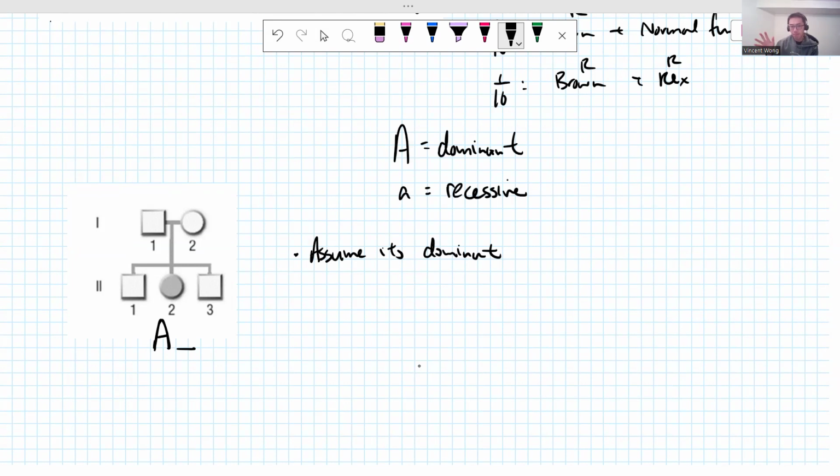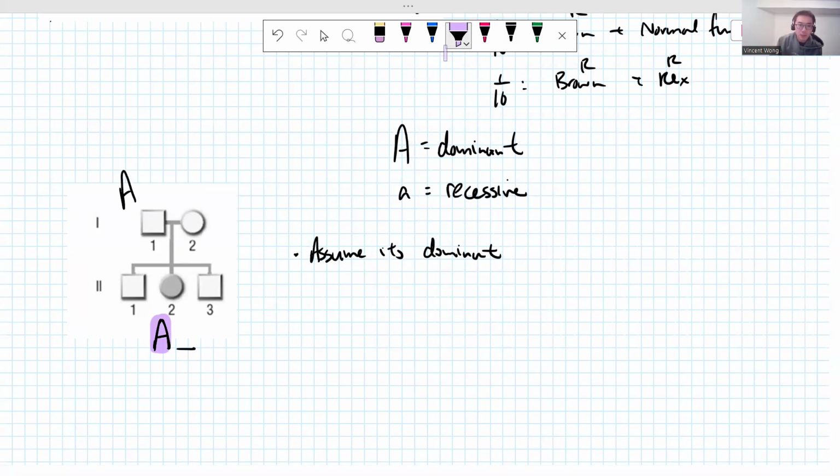All of you with me? If we assume this is dominant, then where does the big A come from? Did it come from the father or the mother? We don't really know, but it has to be from one of the parents. Let's say it came from the father.